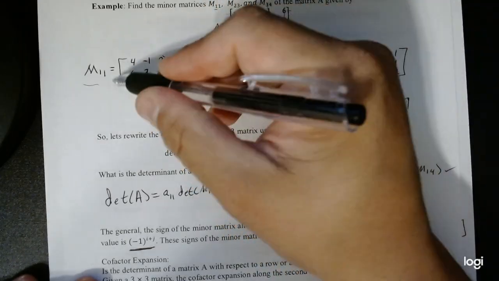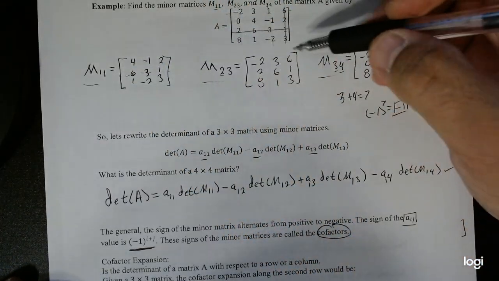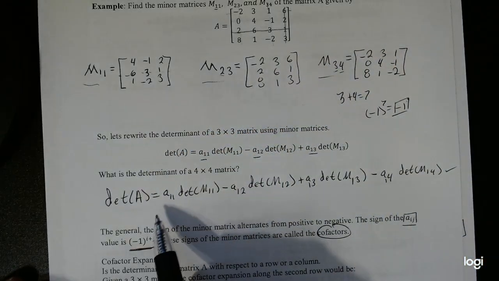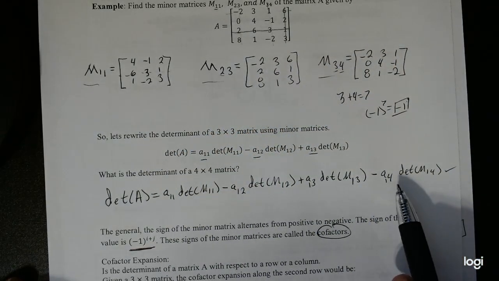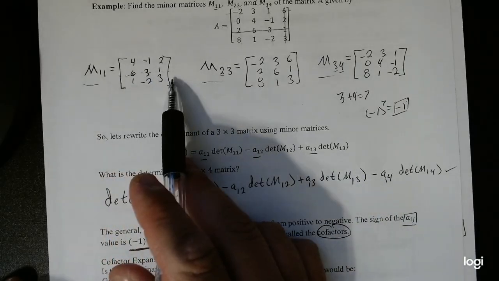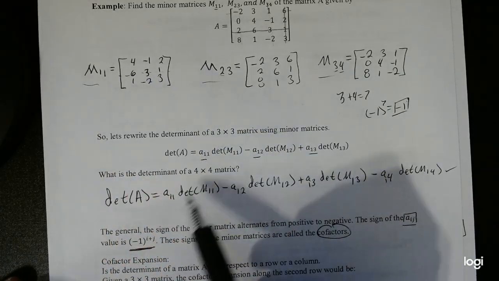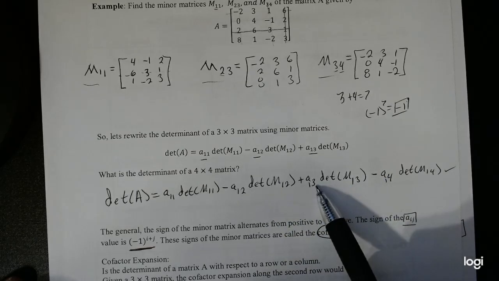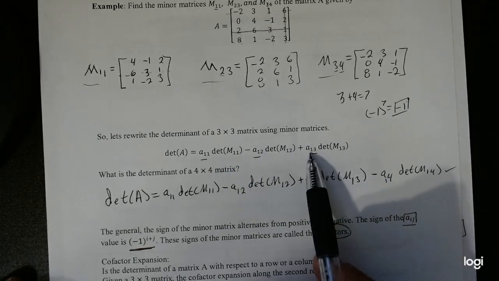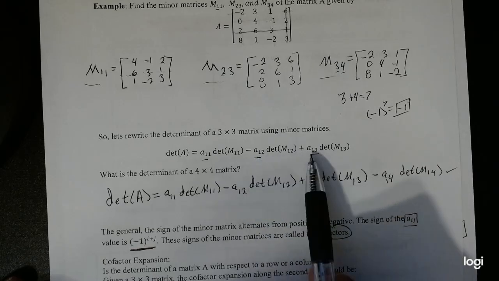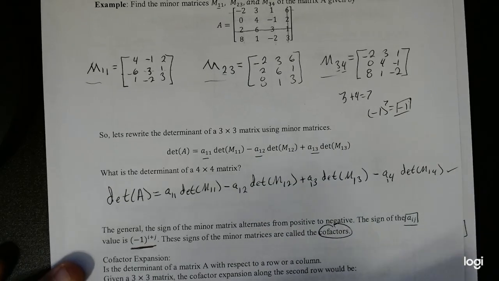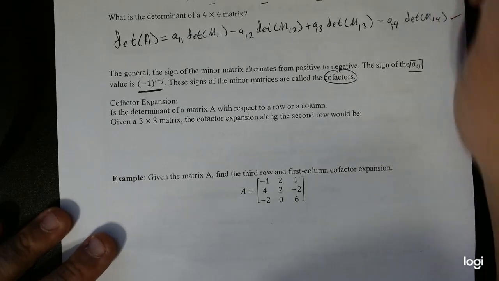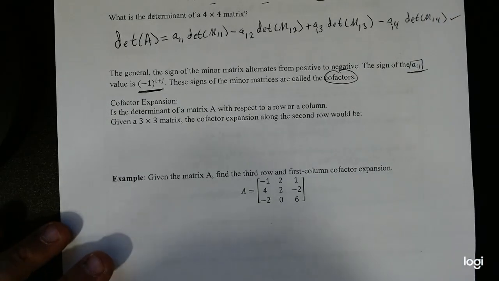So I would do the same exact situation as finding the determinant of a 3 by 3, but instead of using the first row expansion, I'll use a second row expansion. So the only thing that will change is these will be 6, 3, and 1 now, instead of 4, -1, and 2. Okay, so that's what this represents, something called the expansion of the cofactors at a given minor matrix.